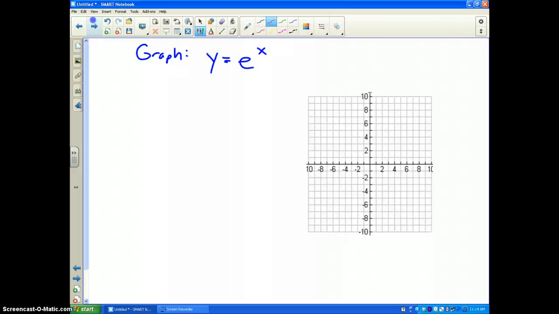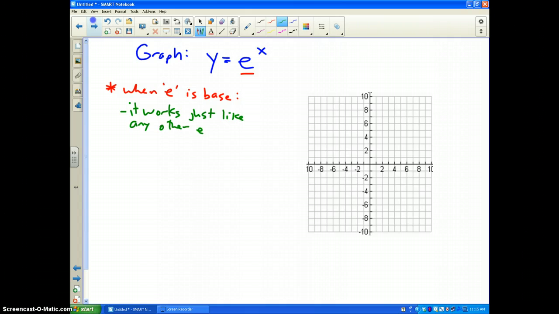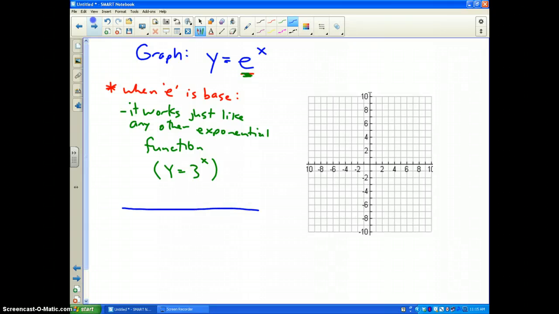First of all, when E is the base, it works just like any other exponential function, such as y equals 3 to the x power. Just because it's the value E doesn't change it at all. So what I'm going to do is make a t-table for x and for y, just like we've been doing all unit long.